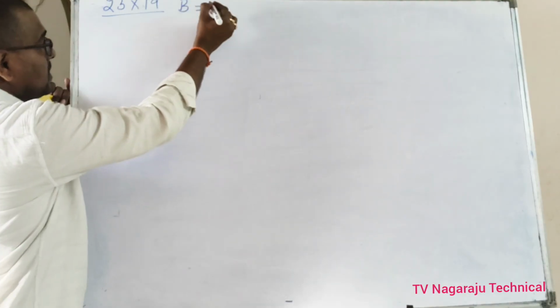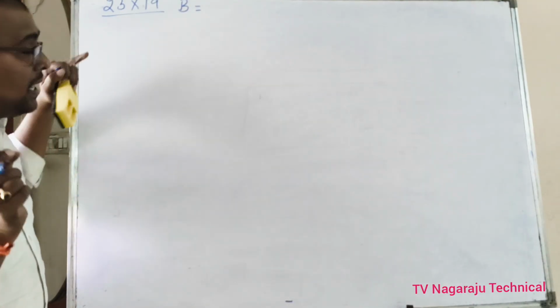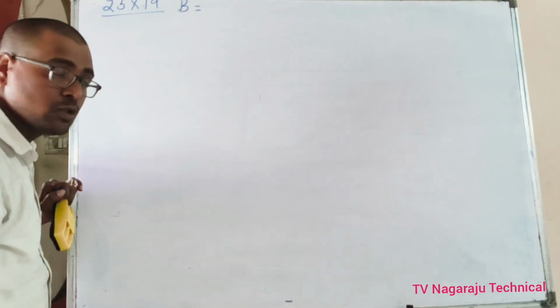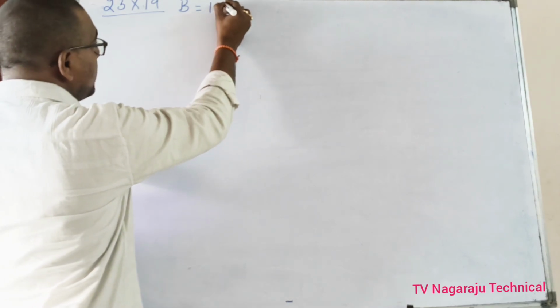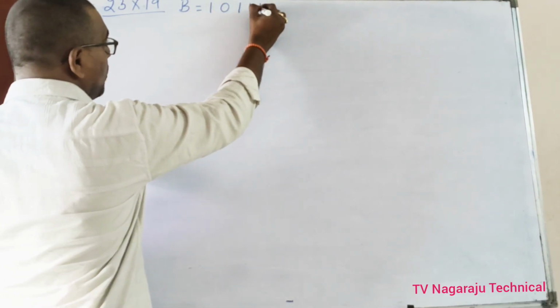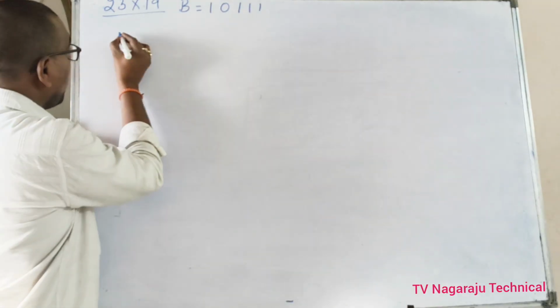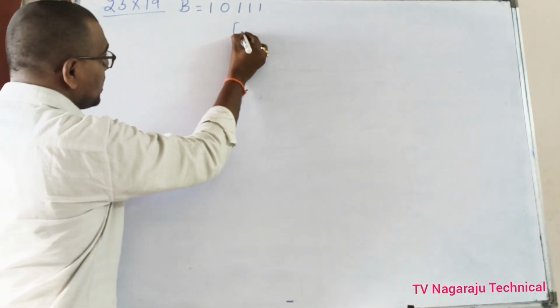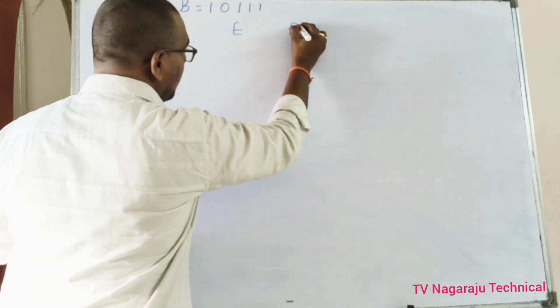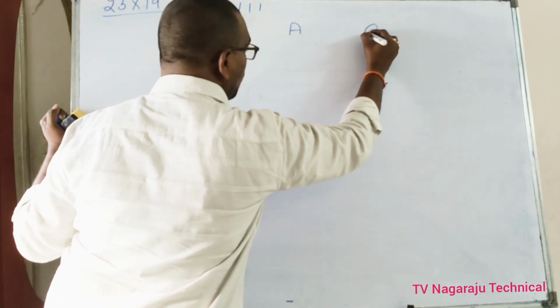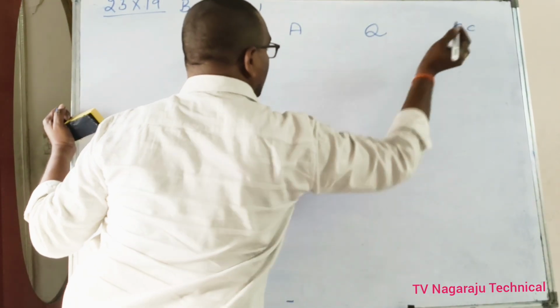Now B is the multiplicand, that is 23. So 23 is 10111. This is the multiplicand. Now I will write down like this: E value, A value, Q value and SC value.